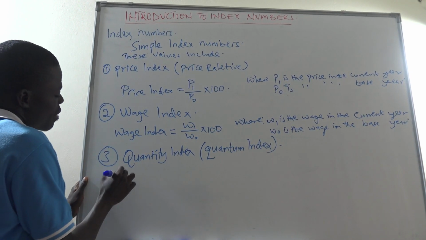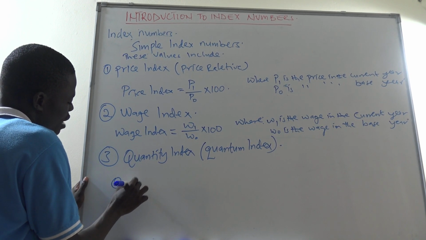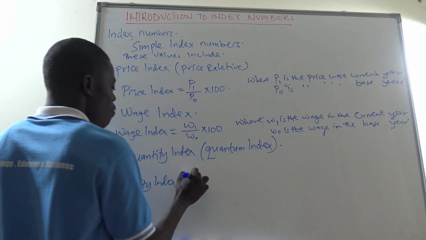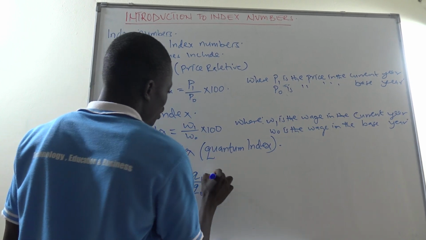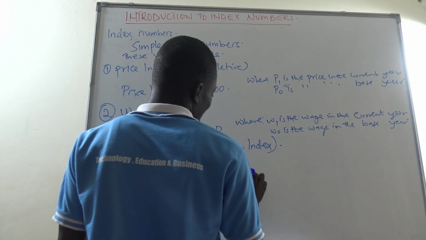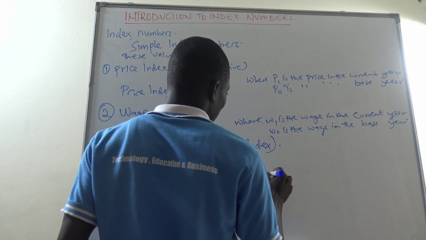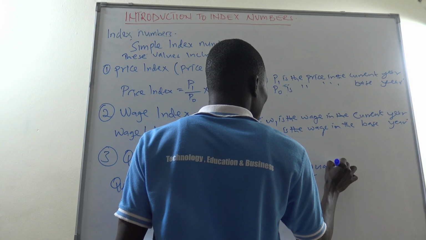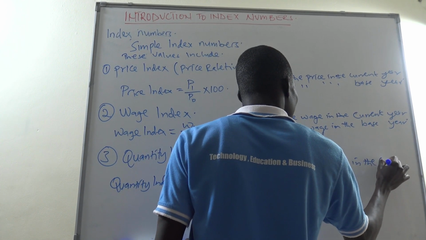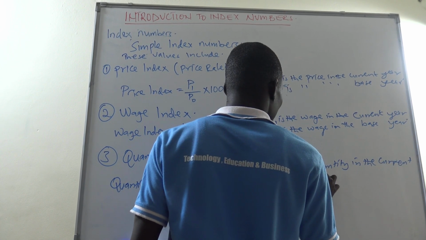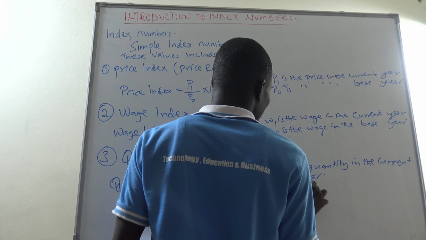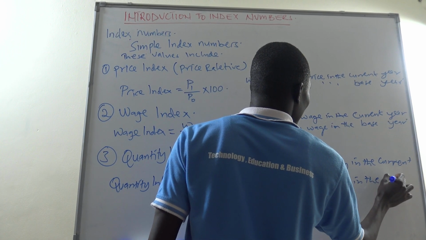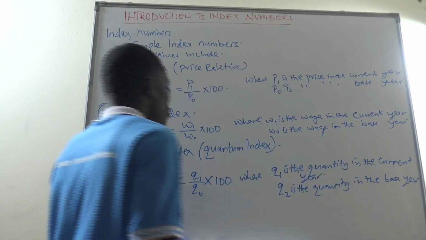Quantum index or quantity index is defined by Q1 out of Q0 times 100, where Q1 is the quantity in the current year, and Q0 is the quantity in the base year. Base year or base period.